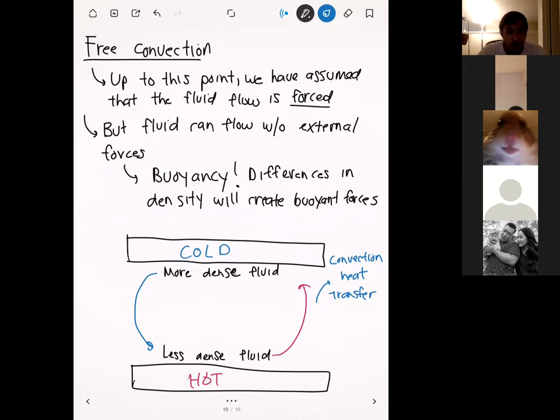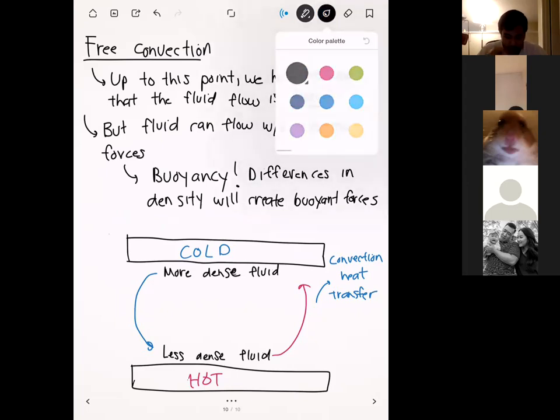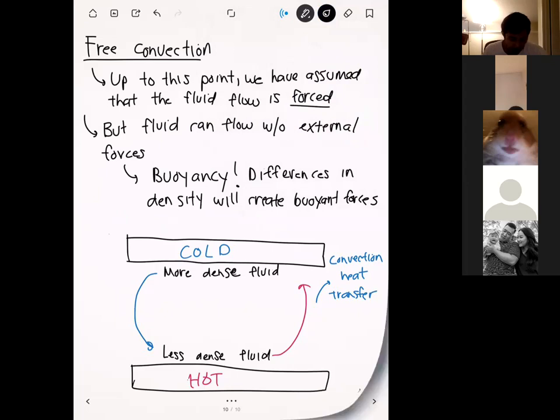Okay, so any questions on this? Okay. All right. We see that if you have a temperature gradient within your fluid, naturally you're going to have a density gradient.